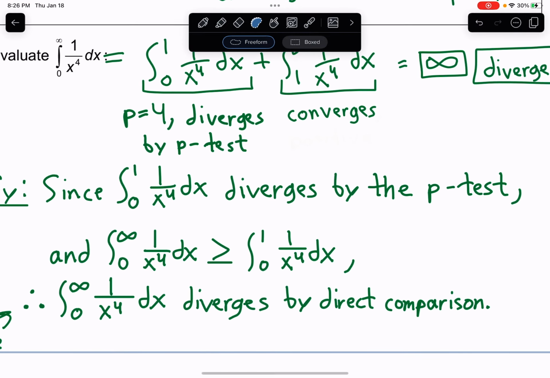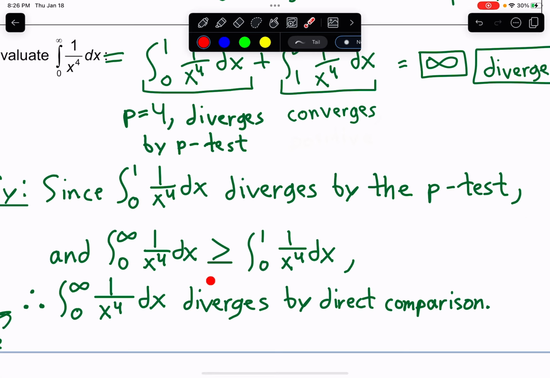So the first thing is, since the integral from 0 to 1 of 1 over x to the 4th dx diverges by the p-test. So right there, I'm talking about the p-test, p equals 4. That's what I need to say before I can use the p-test.